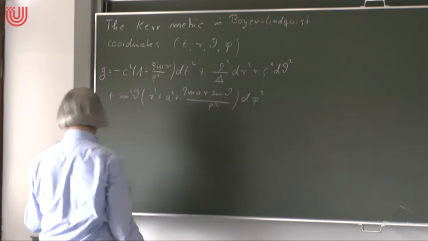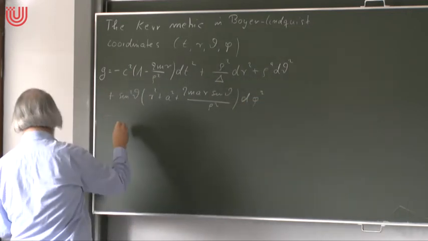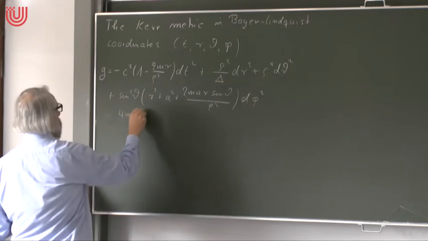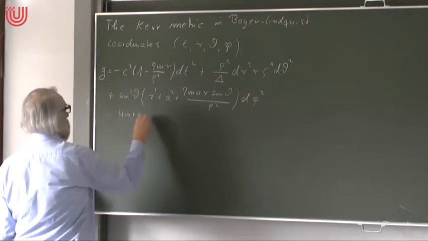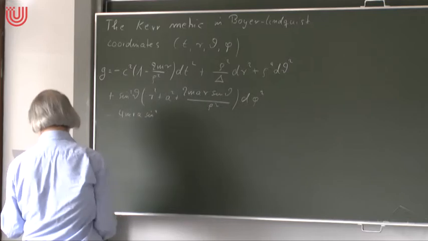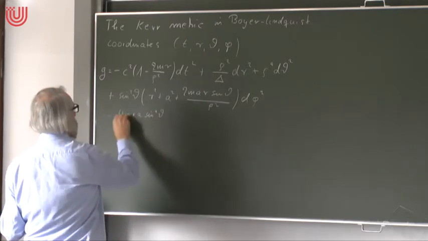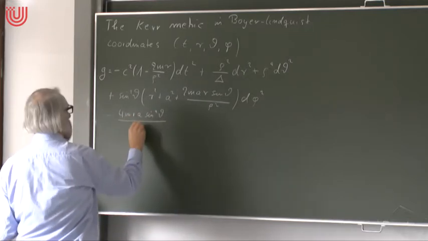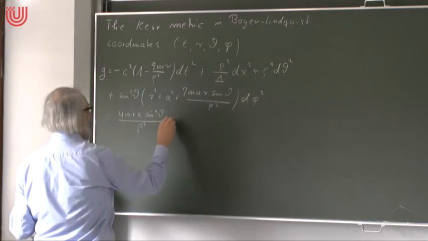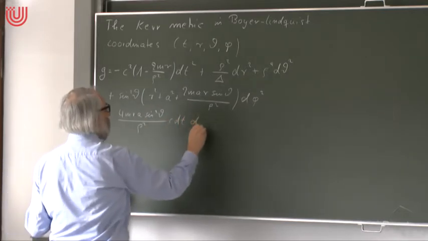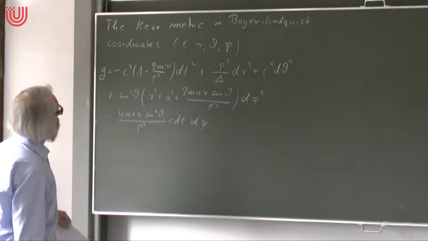And then there is a cross term. That's a new feature which we didn't have in any of the metrics we have been talking about: the metric must have an off-diagonal term, so we cannot write it in diagonal form. So we have a dt d phi term.